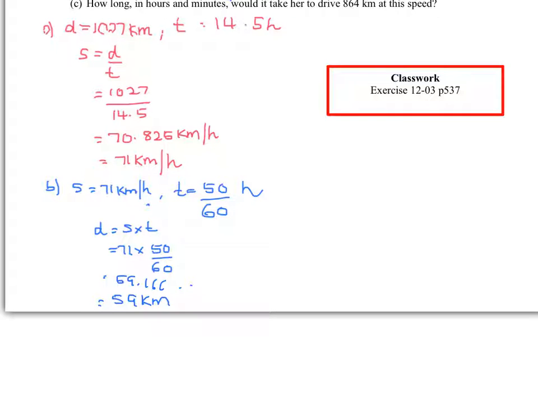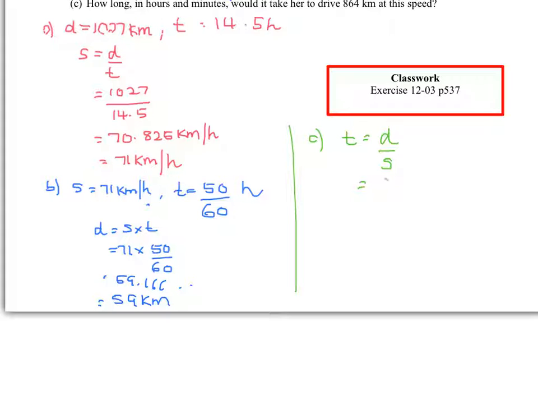So the last part of the question says, how long in hours and minutes would it take her to drive 864 kilometres at this speed? Okay, so we're trying to find, for part C, how long. So we're going to be looking for time. So my rearranged formula when I talk about time is time equals distance over speed.